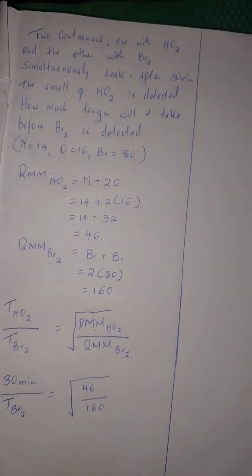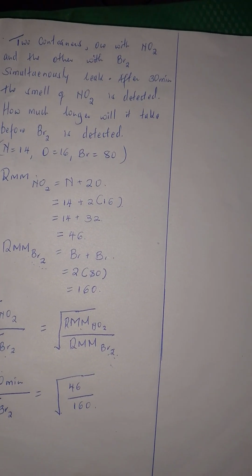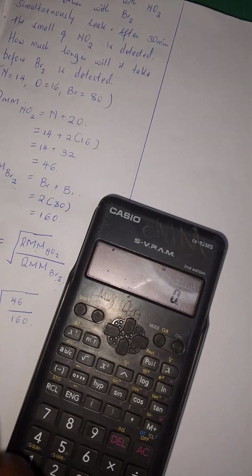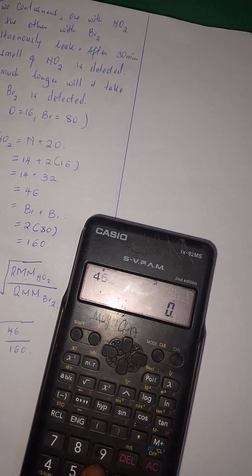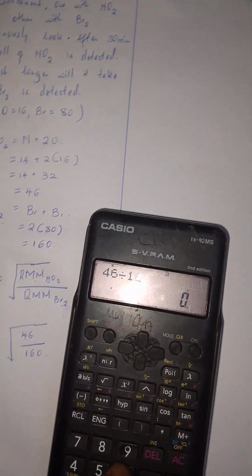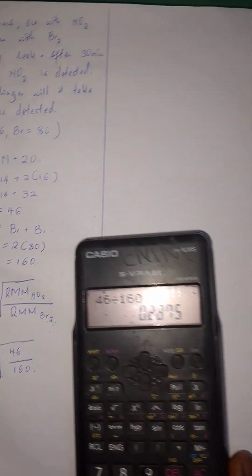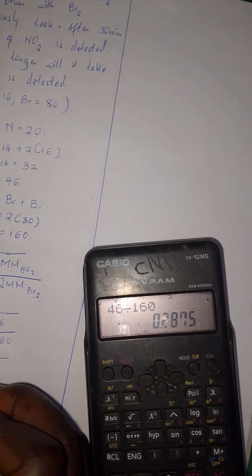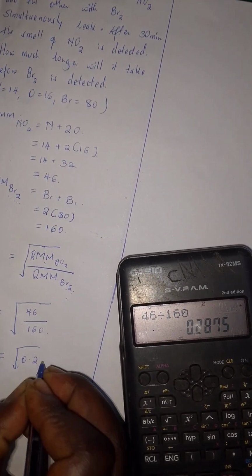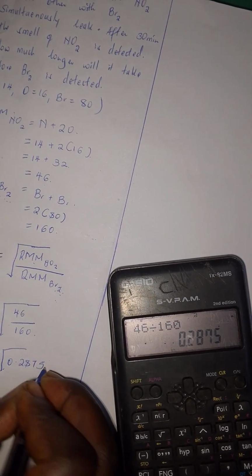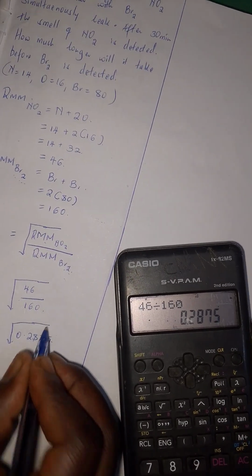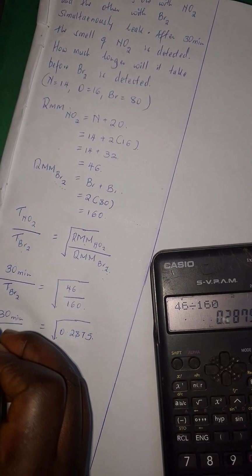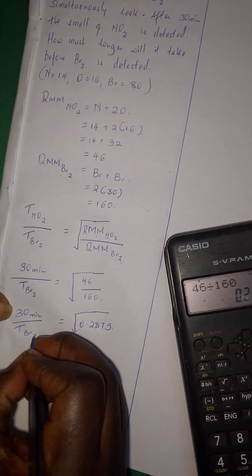So from here we are going to solve, keying in 46 divided by 160, which gives us 0.2875. So this is supposed to be equal to 30 minutes over the time of bromine gas.